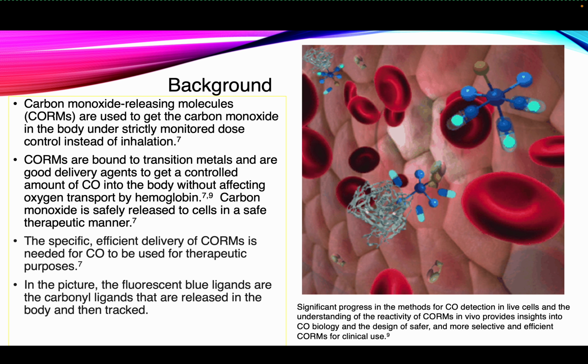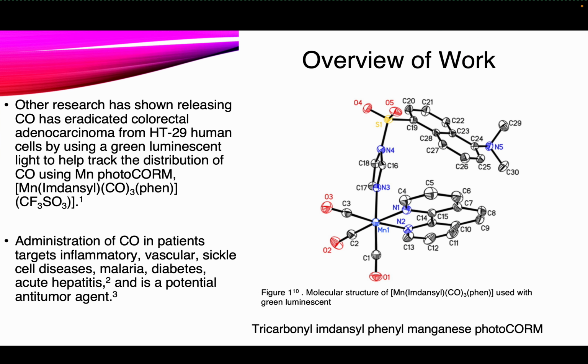In the picture on the right, you can see the fluorescent blue ligands connected to a transition metal. With the specific delivery of carbon monoxide by CORMs, the fluorescent light allows the detection and tracking of carbon monoxide location in living cells.